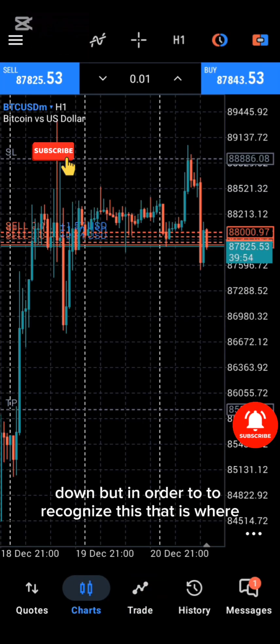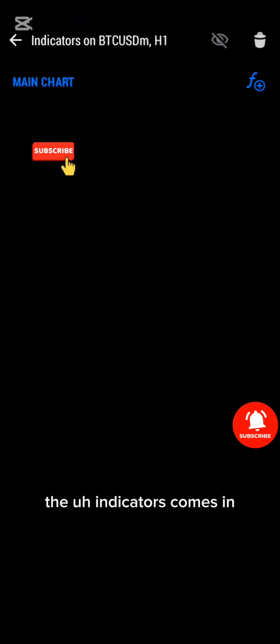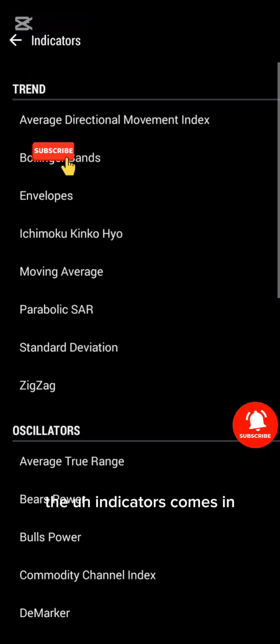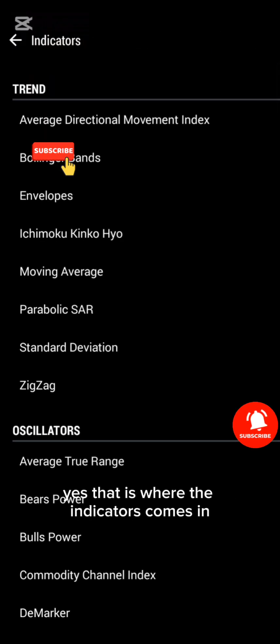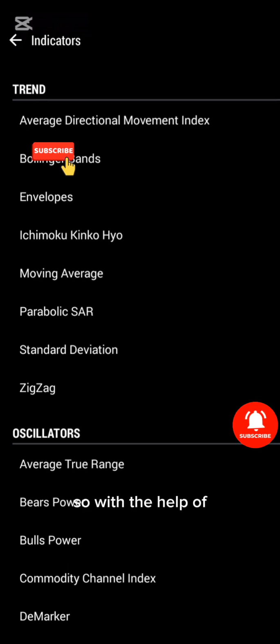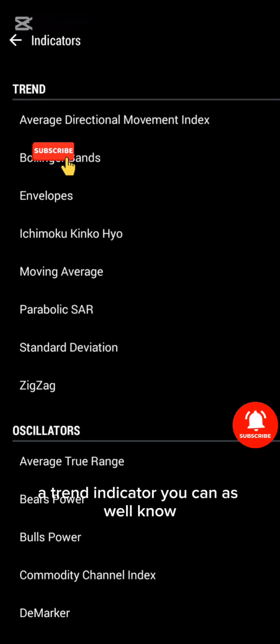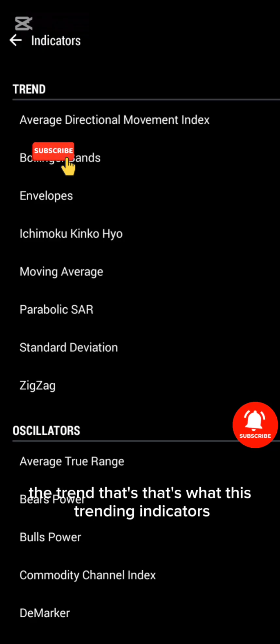But in order to recognize this, that is where the indicators come in. With the help of a trend indicator, you can know the behavior of the market based on the trend. That's where these trend indicators start from.